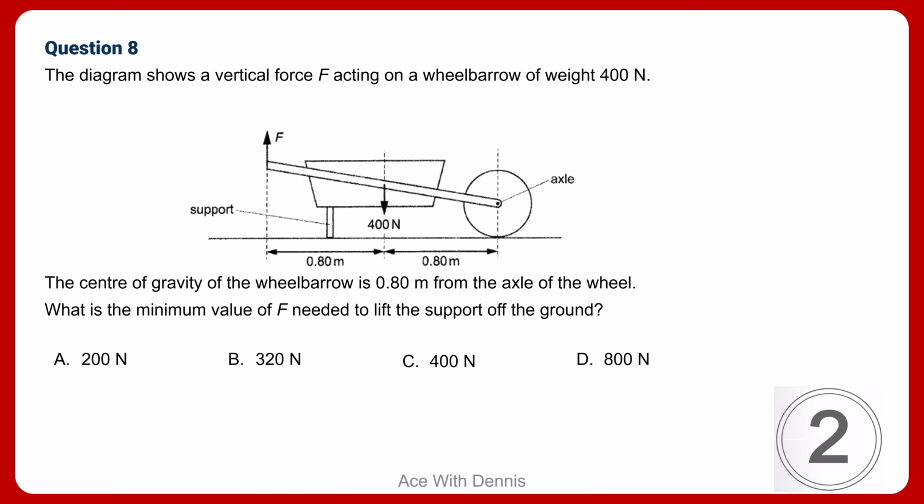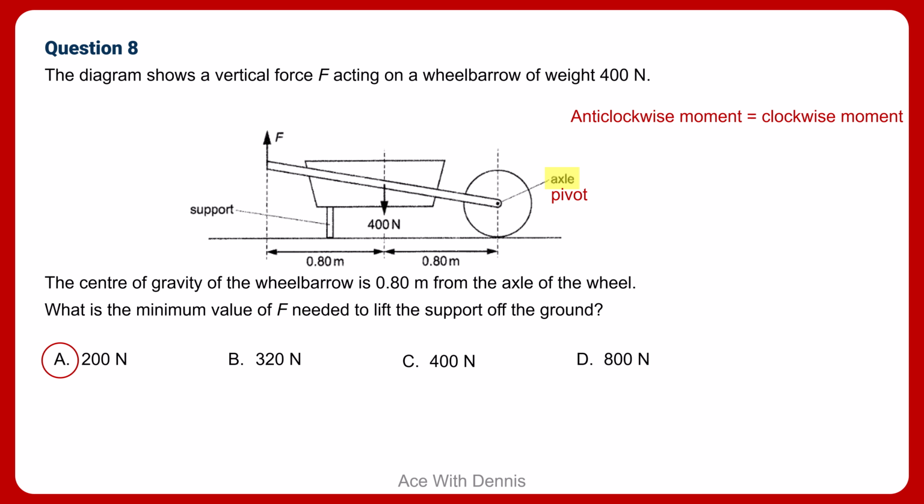So to determine the answer, first we need to determine the pivot. So here is the pivot. Based on the principle of moment, the sum of anti-clockwise moment will be equal to the sum of the clockwise moment. This diagram shows that there are two forces that cause the moment. The 400 newtons weight will cause an anti-clockwise moment. The moment can be calculated as 400 newtons multiplied by the perpendicular distance between the force and the pivot, which in this case is 0.8 meters.